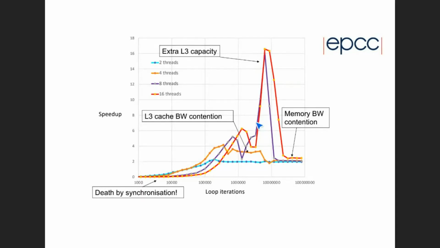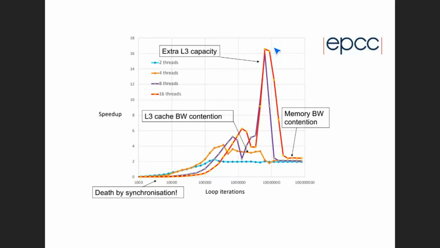And in the middle here, for other thread numbers, you get some weird effects. For example, if I go to 16 threads, I get this big jump. What's happening here is that I'm benefiting from the extra level 3 cache capacity. By running 16 threads, I have 4 times the available level 3 cache capacity compared with running 1 thread.